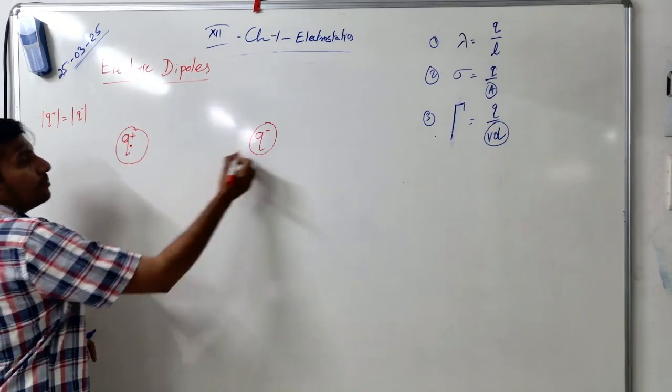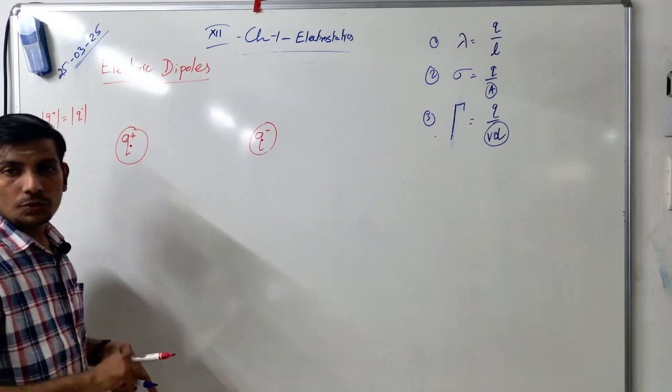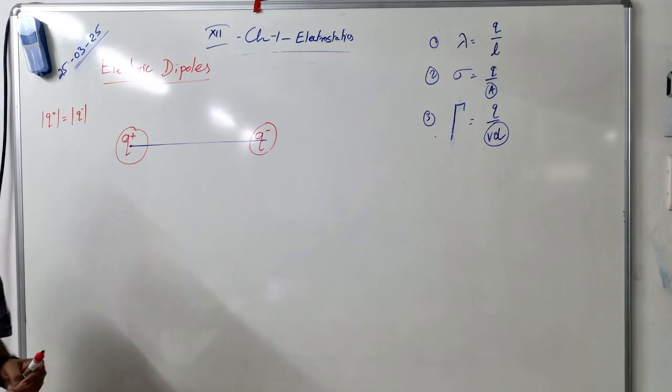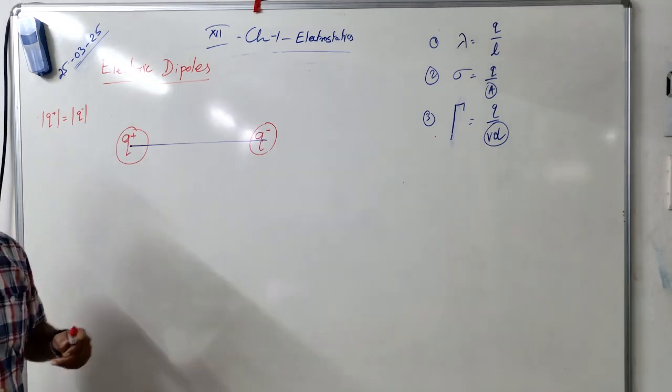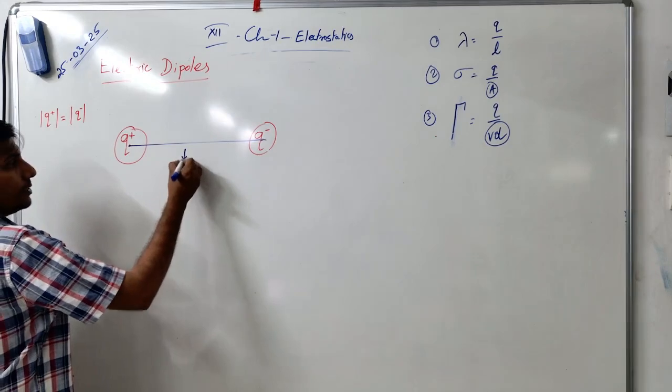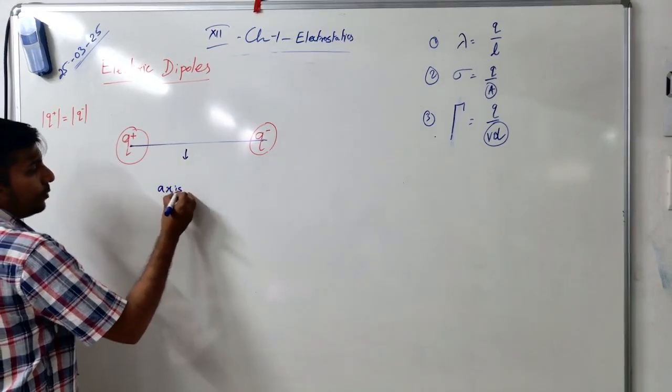Now I am going to draw a line which joins their centers of mass. I take the center of mass of charge 1 and the center of mass of charge 2, and draw a line joining them. We call this line the axis of the dipole.